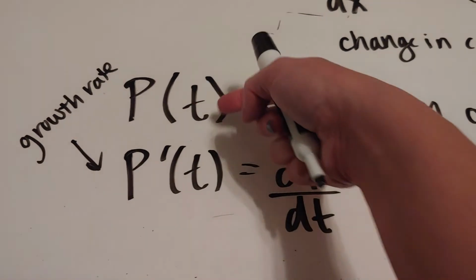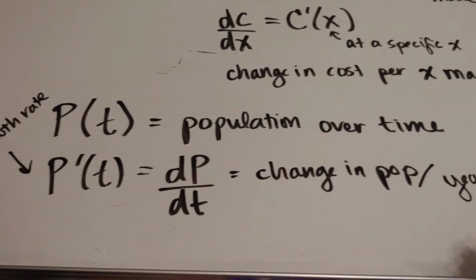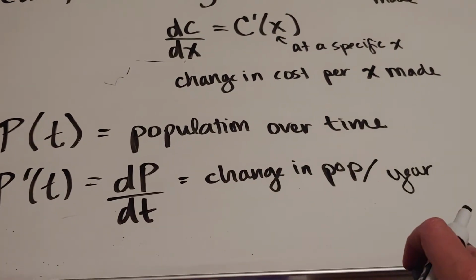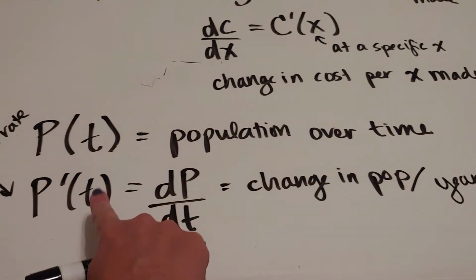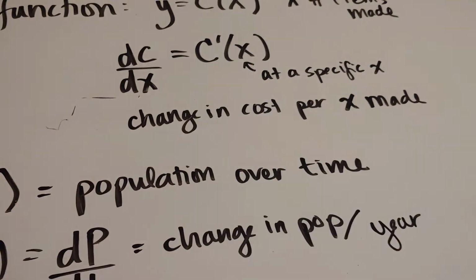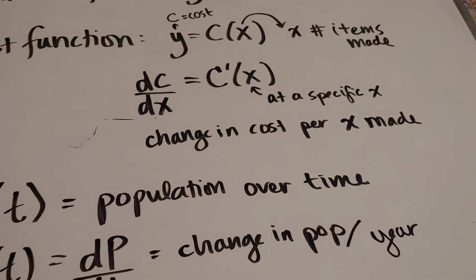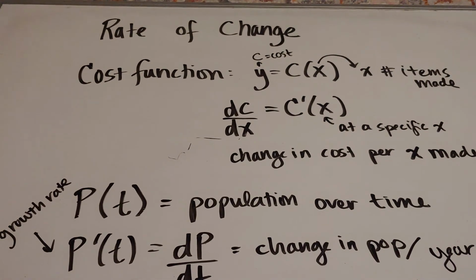We don't know. That's dependent on the equations themselves. But this is how we interpret what it is representing. So it's not just instantaneous change. It's instantaneous change at a specific time, or at a specific t-shirt, or at a specific value. All right, so that is my introduction to the derivative as a rate of change.